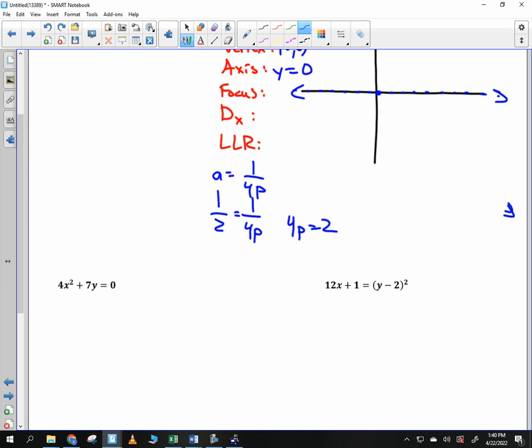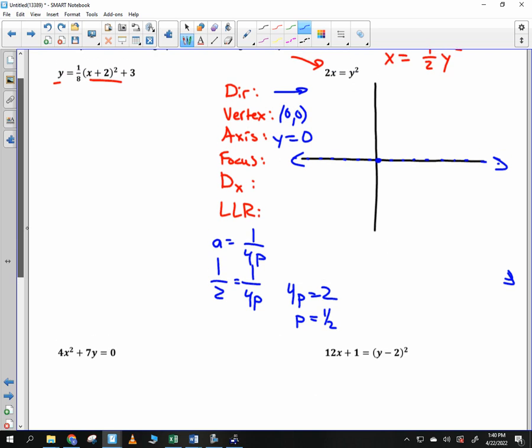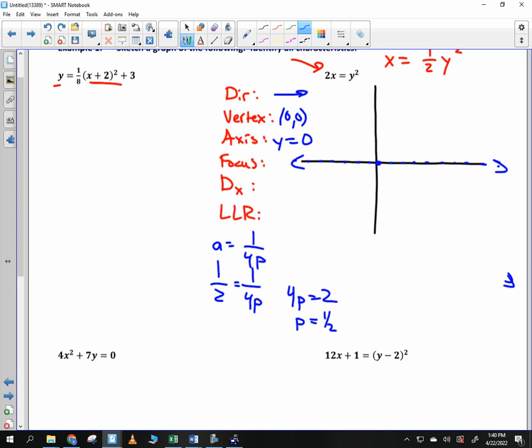So p is, very good, 1/2. So what that tells me is that I'm going to move a 1/2 unit in each direction. So what kind of scale should I make? Should I do 100 by 100, a 10 by 10, a 1 by 1, a 2 by 2? Sure, 2 by 2, 3 by 3, that sounds reasonable. Let's do 2 by 2.